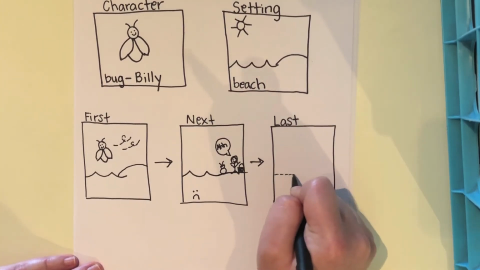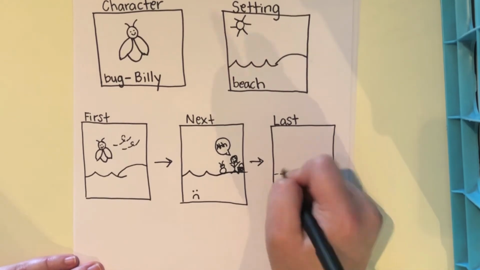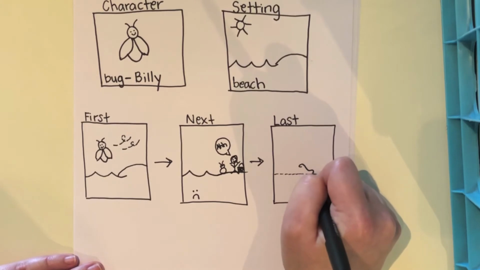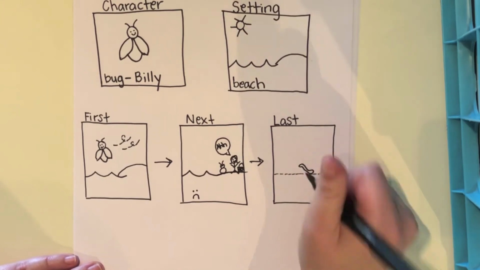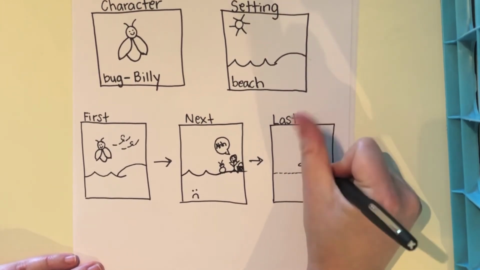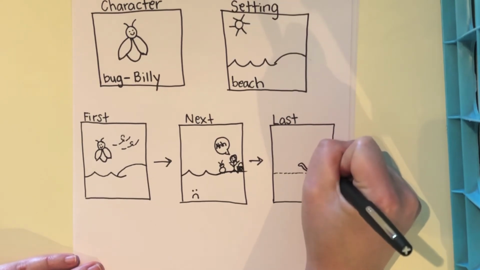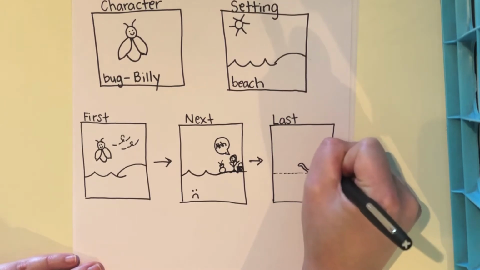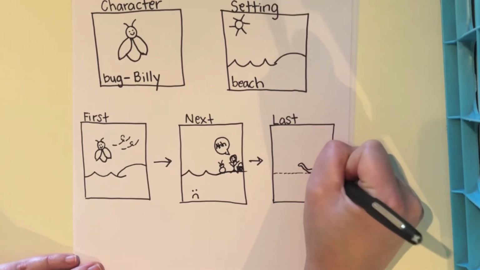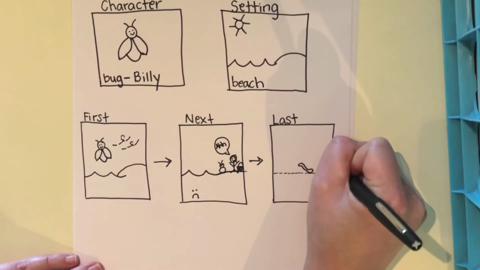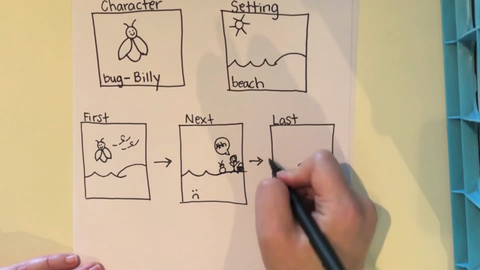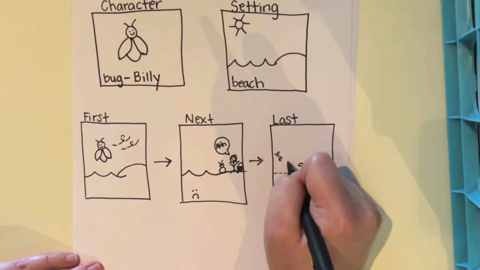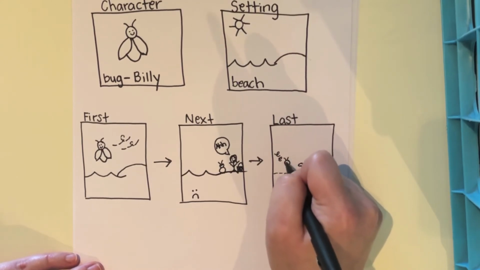But then, as Billy's flying, he sees a caterpillar, and then he also sees a ladybug. And they're just crawling around, having a nice day, and Billy flies down to see them. So here's Billy.